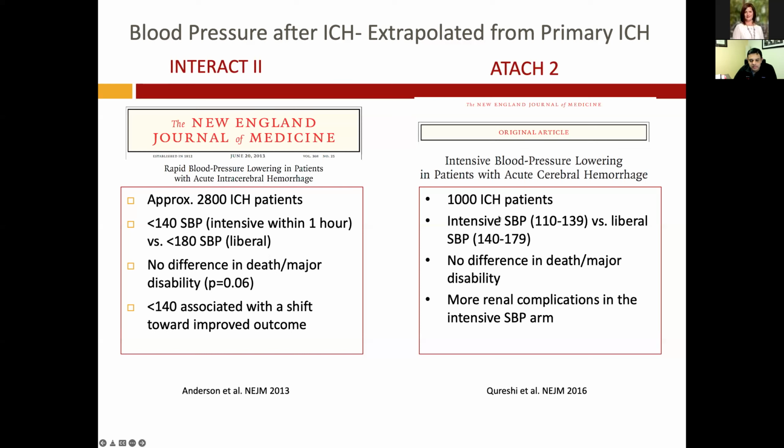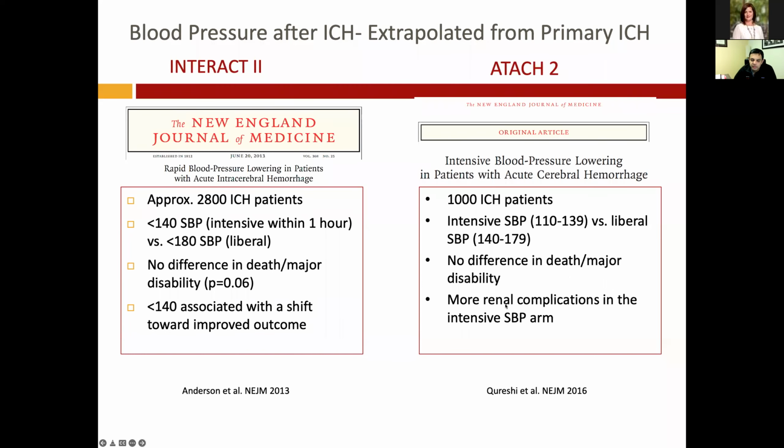A few years later, the NIH-funded ATACH-2 trial came out, and here they had about 1,000 patients, and they had the same intervention, intensive versus liberal blood pressure control. Unfortunately, they found absolutely no signal whatsoever. What they did find was if you control blood pressure very aggressively, you can have more renal complications.